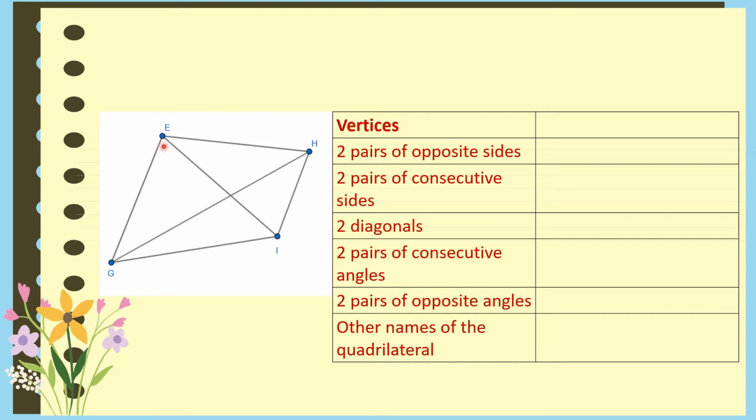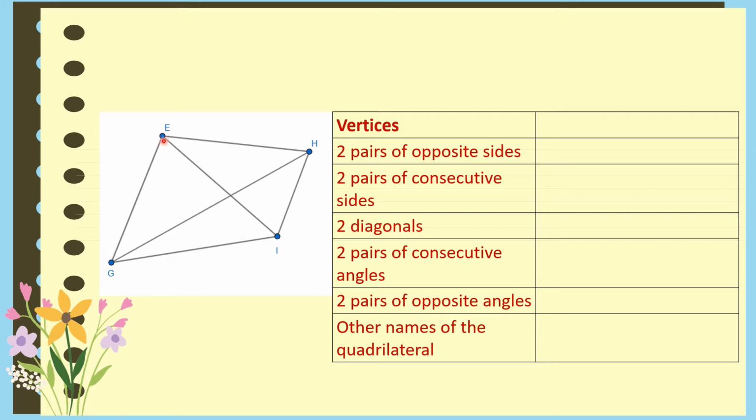Now let us take a look at the quadrilateral EGIH. This is a quadrilateral since it has four sides: the side EG, the side GI, the side IH, and the side EH or HE. The vertices are the endpoints of the quadrilateral.